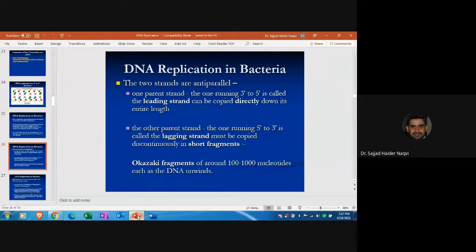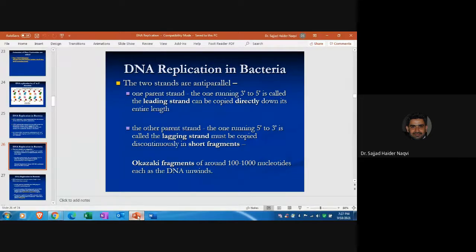It is referred to as the lagging strand. For the lagging strand, there is an issue because it has an orientation of 5' to 3'. So how is it possible to synthesize a new strand by using the lagging strand as a template? The lagging strand already has the 5' to 3' orientation, and you cannot synthesize the new strand in the orientation of 5' to 3' because they are both the same.